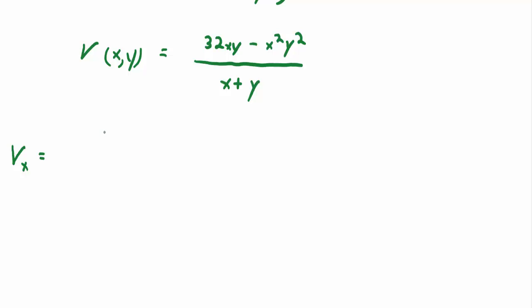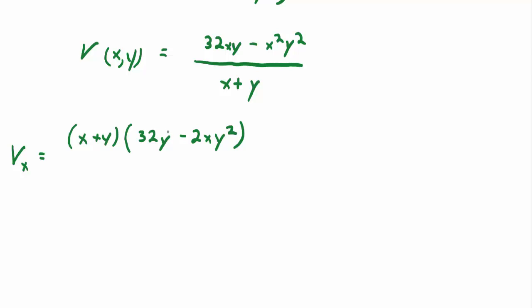Okay, so low d high. That means the low function is x plus y, right? So x plus y, and it's with respect to x, right? So d high, what's the derivative of the numerator with respect to x? 32y minus 2xy squared.